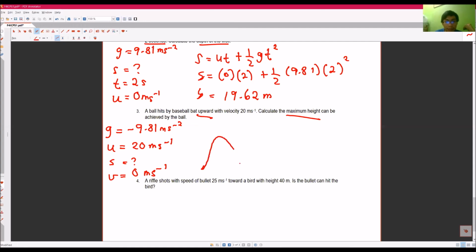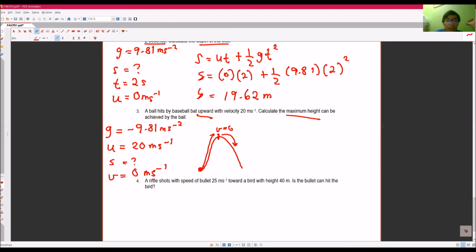So if we draw a quadratic curve, the ball starts here and then moves upwards until it stops instantaneously here. So this is v, it stops instantaneously when it reaches maximum height before it falls back again towards the center of the Earth.